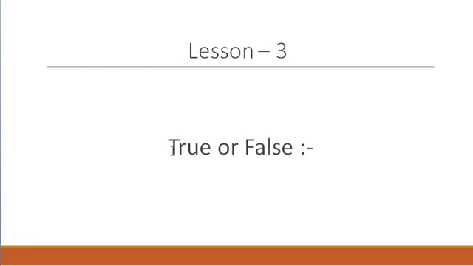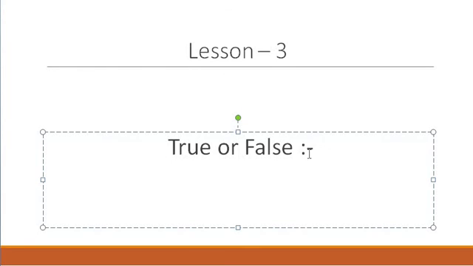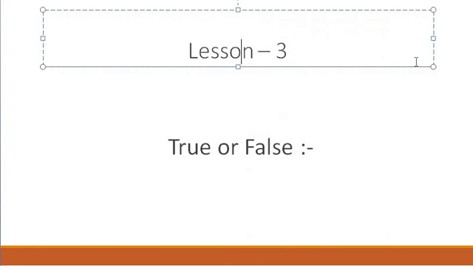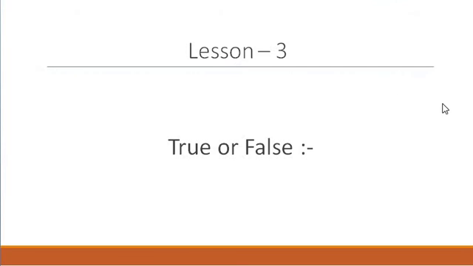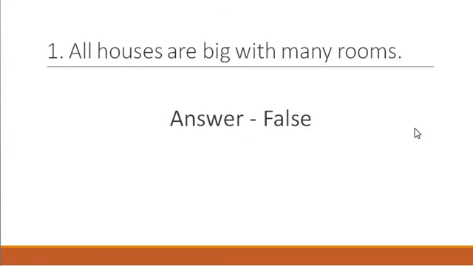At first we are going to discuss the TF of lesson number 3. Let's move on to the TF part. Now you don't have to repeat TF, but when I ask you to repeat the MCQ part, you have to do it.